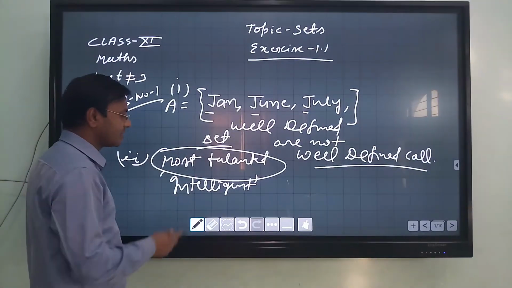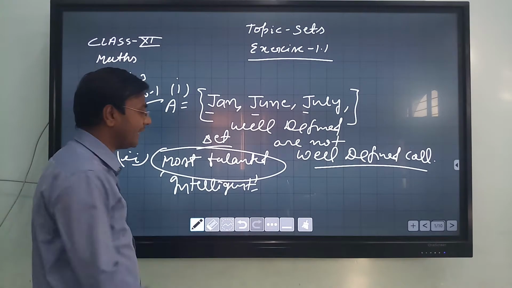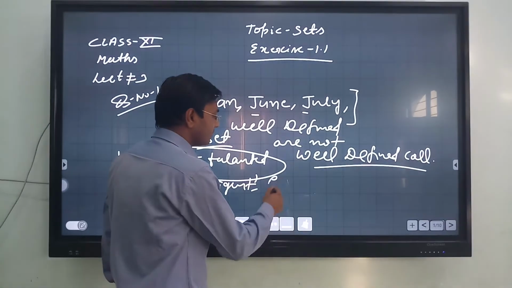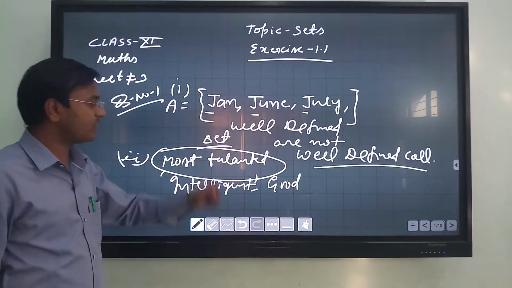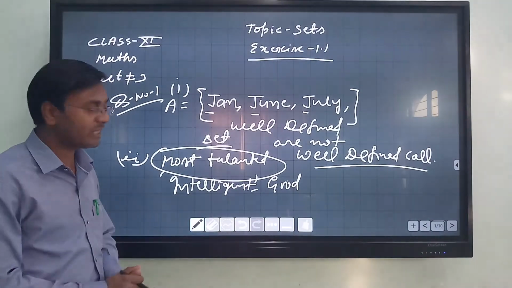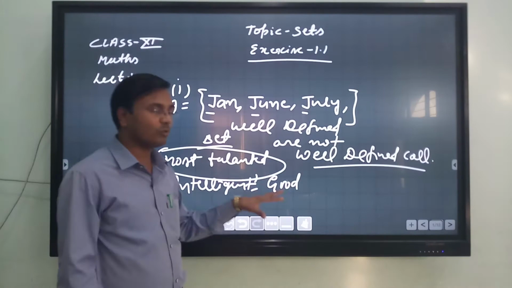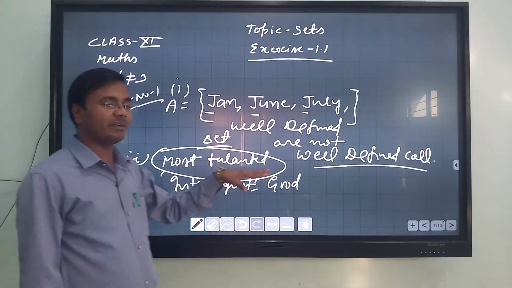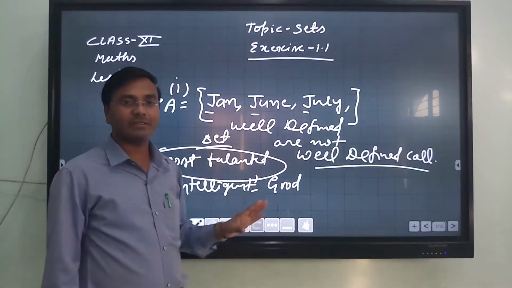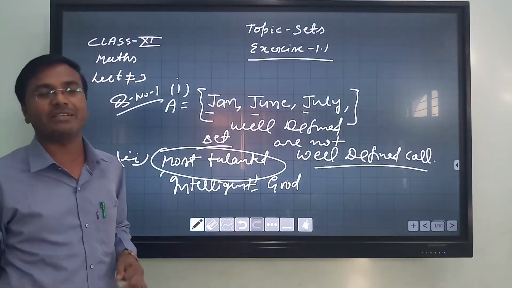So most talented, intelligent, and the word good: the collection of good students, and so on. There is no criteria for good. Whoever scores good marks in maths is a good student, but if the student does not score good marks in Hindi, then that is not good.